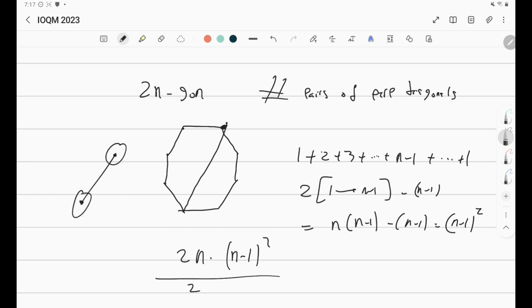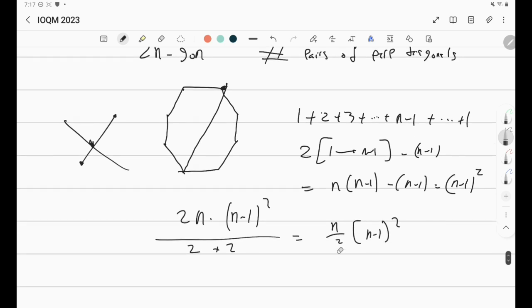But even this is not enough, because we're counting the pairs of diagonals, so we're counting this twice, once from here and once from there. So we need to divide it like this. So actually the answer is n over 2 times n minus 1 squared. Of course this is always even, because of consecutive numbers, so it works.